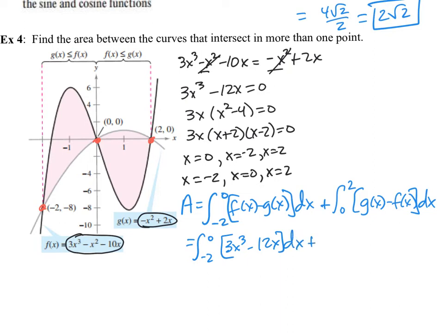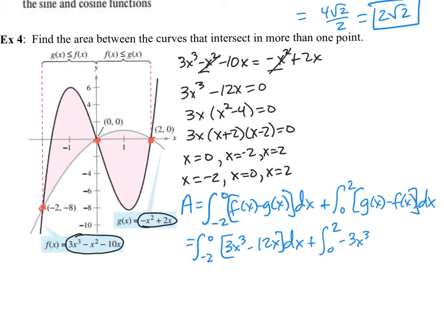And then we're going to add to that the integral from 0 to 2. So we're going to add this part of our g of x function minus the f of x function. Well, this term doesn't have an x to the third term that you can see. It actually does. It's 0x to the third minus 3x to the third, which gives us negative 3x to the third.